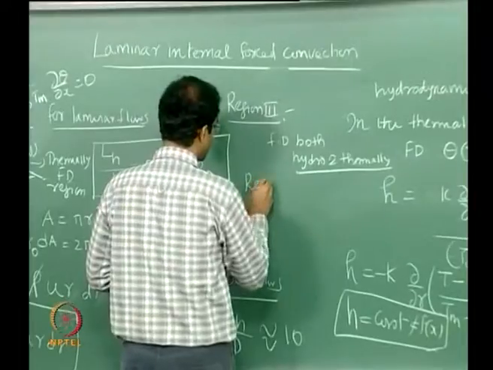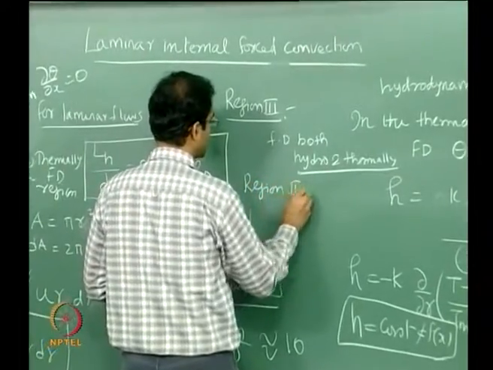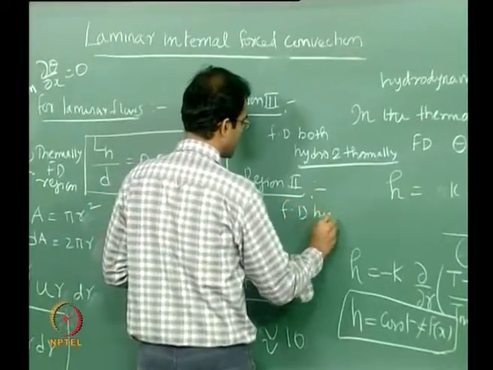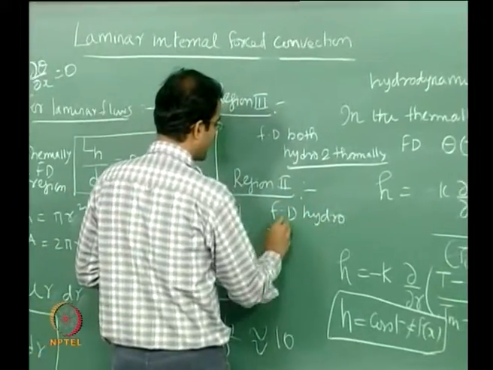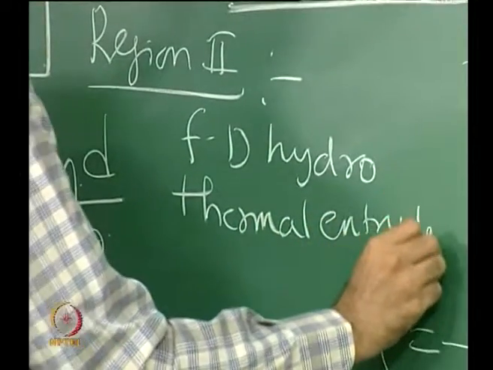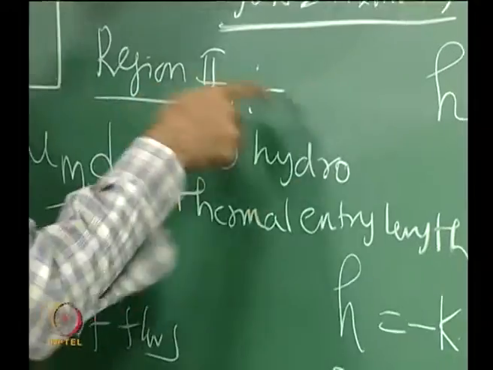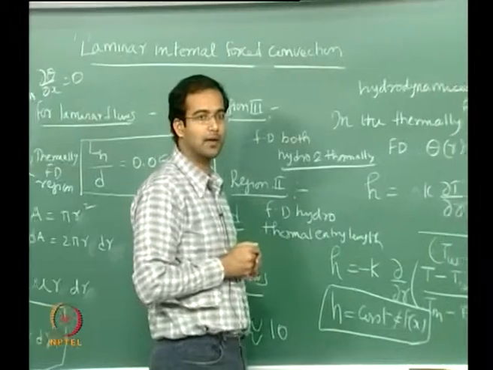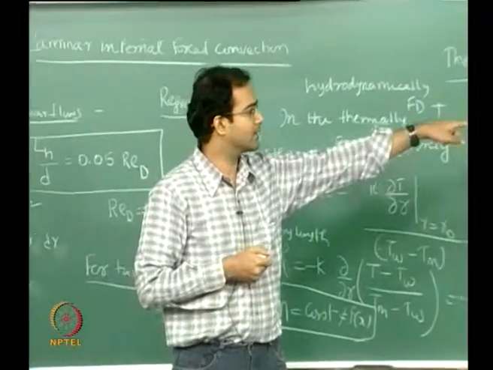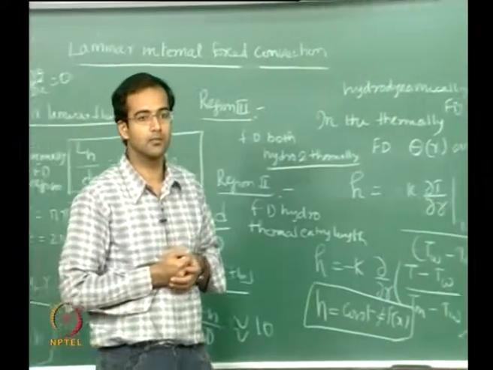Then slightly more complicated is region 2, where you have fully developed hydrodynamics and thermal entry length. So here your velocity profile is a fully developed profile, but the equation that you are solving doesn't have the condition d theta by dx equals 0.